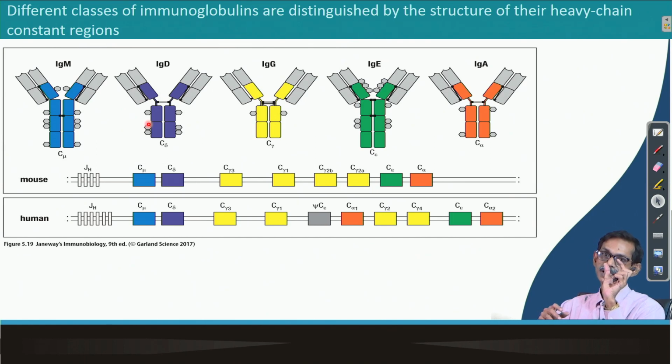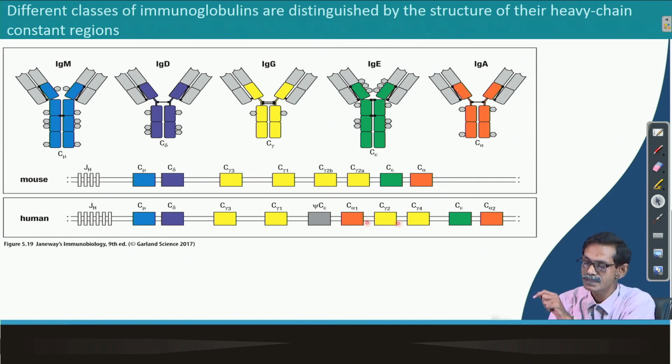VDJ recombination in the heavy chain is common. After that, if mu comes then it will be IgM, if delta then IgD, if gamma then IgG, if epsilon then IgE, if alpha then IgA.